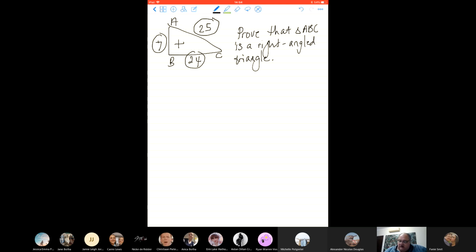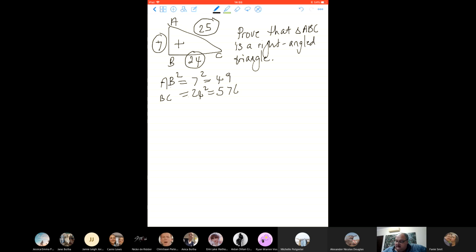So let's square everything. We've got AB. AB is equal to 7, but we want the square, so AB squared is 7 squared, and that is equal to 49. Then BC squared is equal to 24 squared, and if you work it out, I think it's 576.